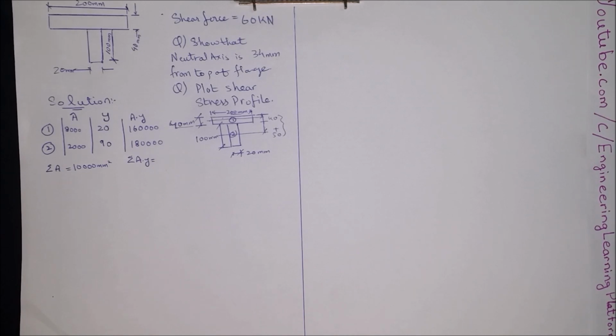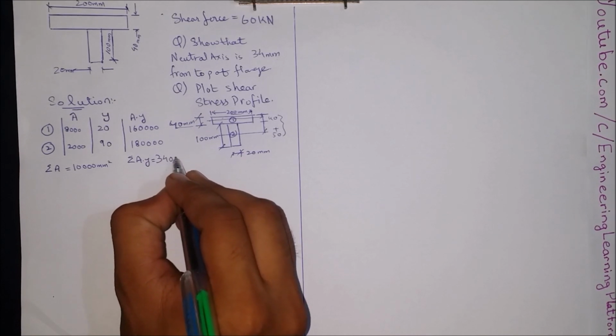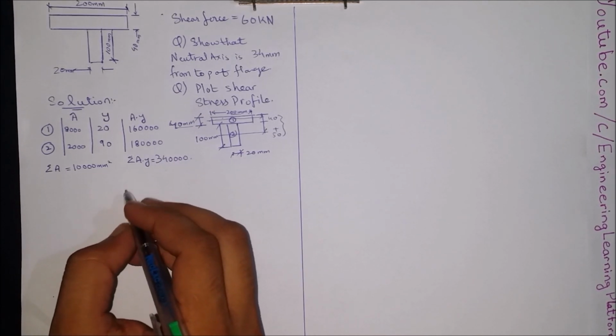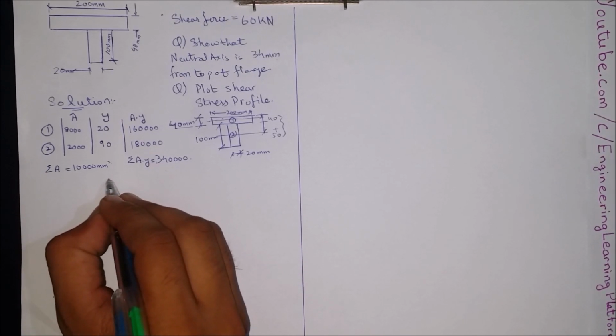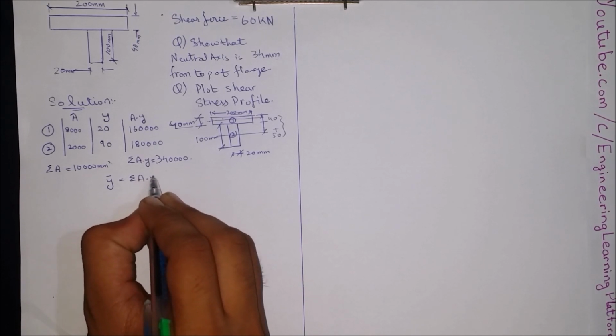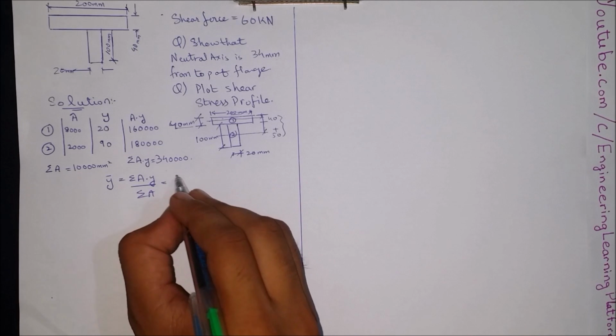Let's add these values. We get 340,000. As in previous videos, we discussed the calculation of centroid, substituting the values.